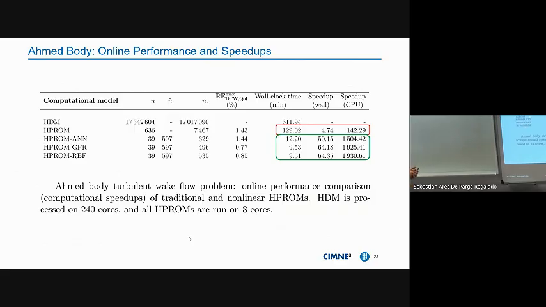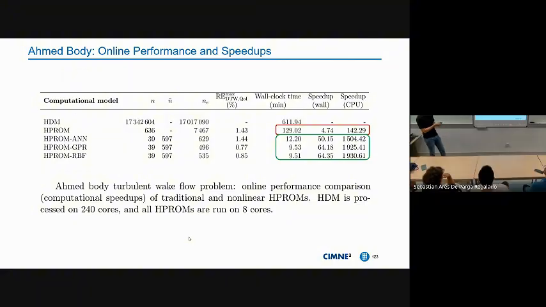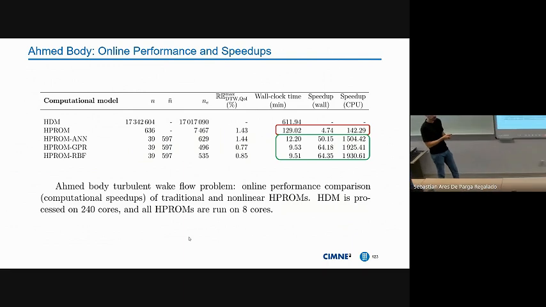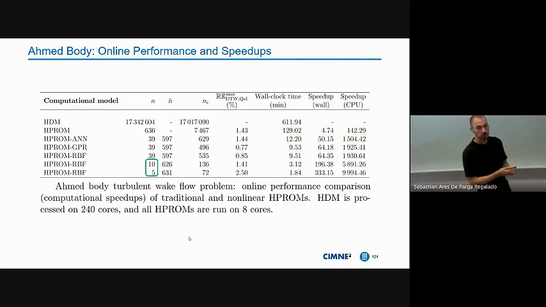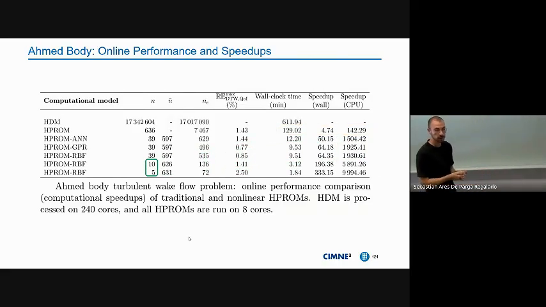However, if we take a look at the nonlinear projection-based reduced order model with this technology, we see that we can go around 2,000 times faster than the traditional reduced order model. So what we were solving in 10 hours on 240 cores, we are solving in 10 minutes on 8 cores. So this could be plugged into an edge device.